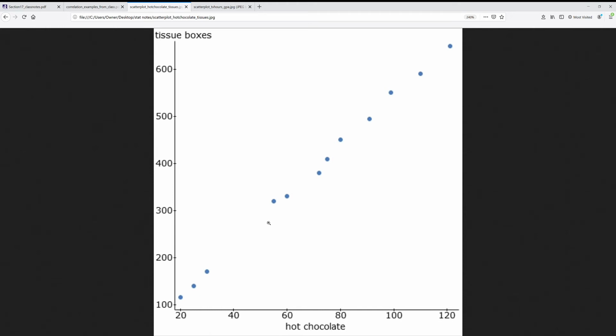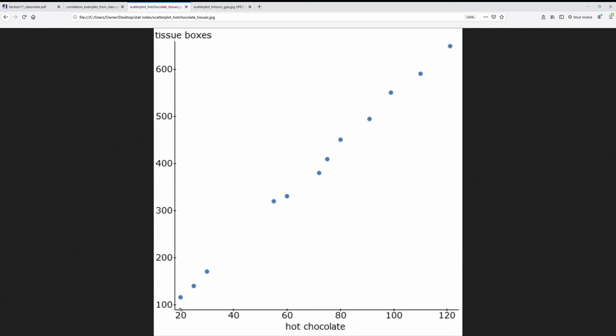Remember, correlation measures how lined up the dots are, and if you do a physical flip, so that tissue boxes are horizontal and hot chocolates are vertical, it doesn't really change how lined up the dots are. So the correlation between hot chocolates and tissue boxes is exactly the same number as the correlation between tissue boxes and hot chocolates.